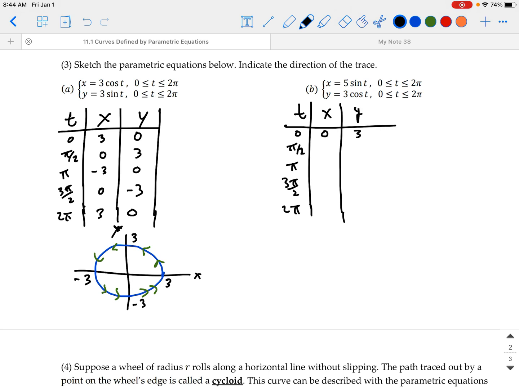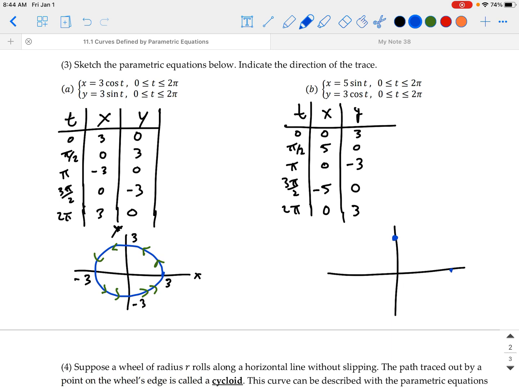So 0, we're going to have 0, 3. And I think you might be able to guess what our answers are going to look like here. Pi over 2 is going to be 5, 0, and pi is going to be 0, negative 3. 3 pi over 2 is going to be negative 5, 0. And then we'll be back at 0, 3.